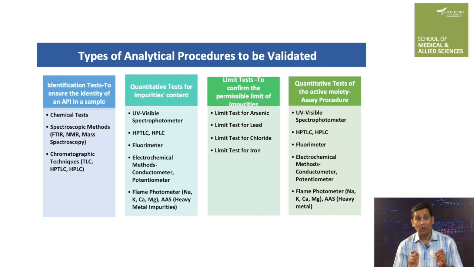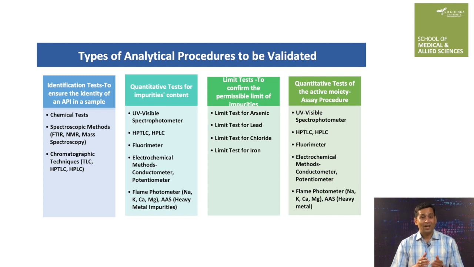We can use various spectroscopic methods, for example, FTIR, NMR and mass spectroscopy. Some of the chemists use chromatographic techniques for the same purpose. These chromatographic techniques include TLC, HPLC, HPTLC, etc.